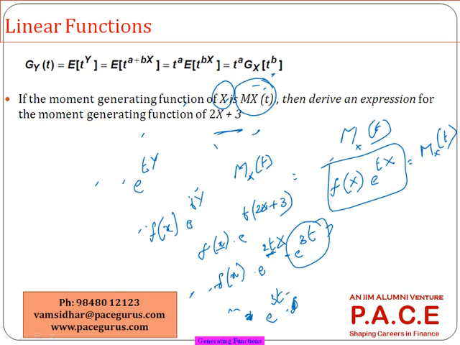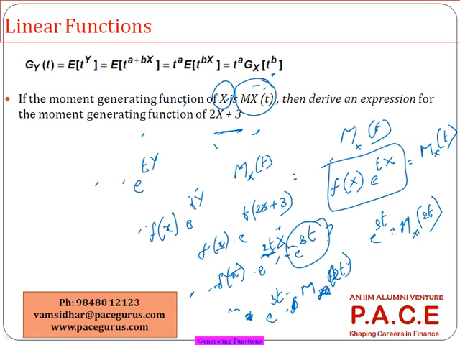E power 2tx is nothing but M_X of 2t. So the constant is e power 3t for me, and M_X of 2t. So this is how I express one in terms of the other.